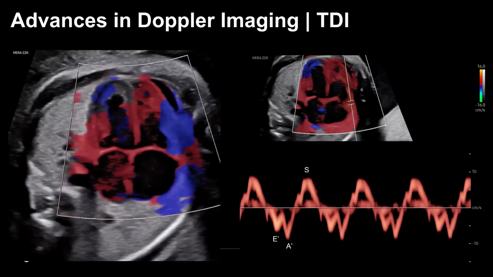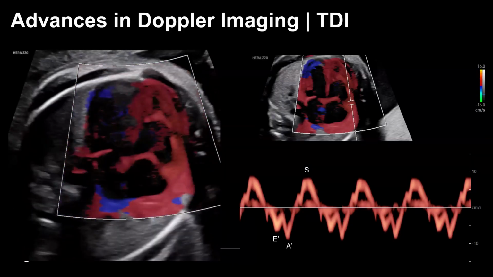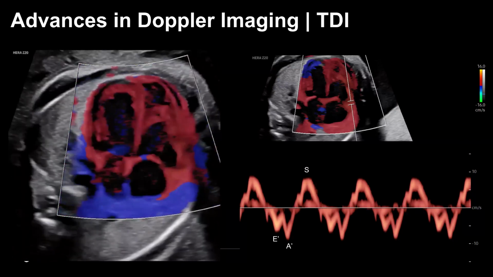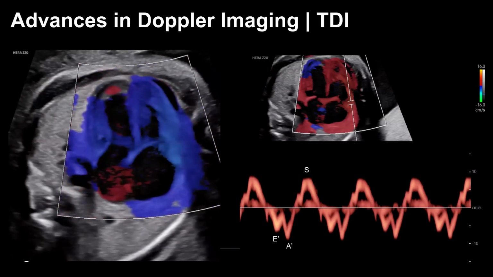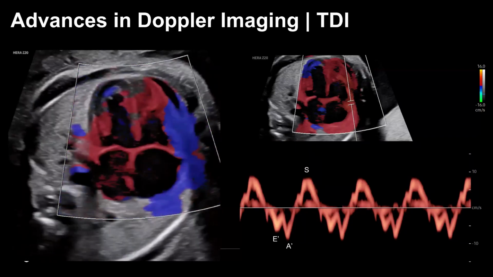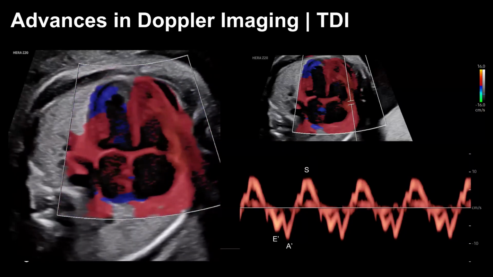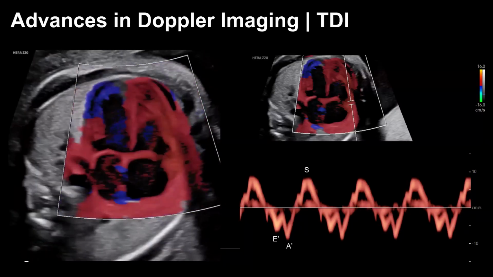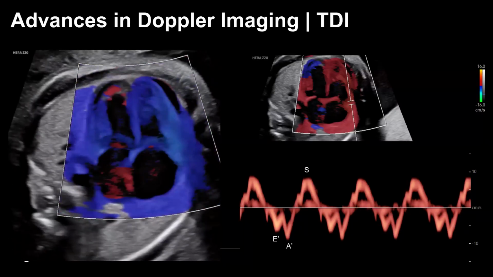So the Doppler imaging, including the tissue Doppler, is a modality that's also available for us. The 2 clinical applications of this technique include the assessment of cardiac function and the assessment of fetal arrhythmia.